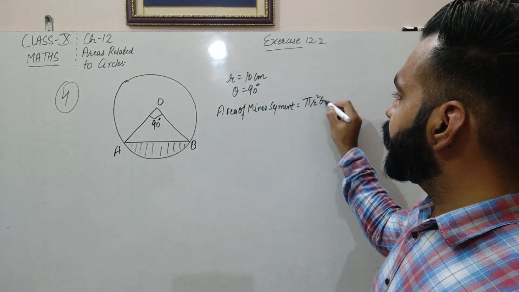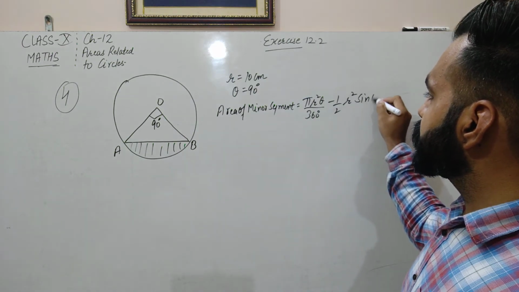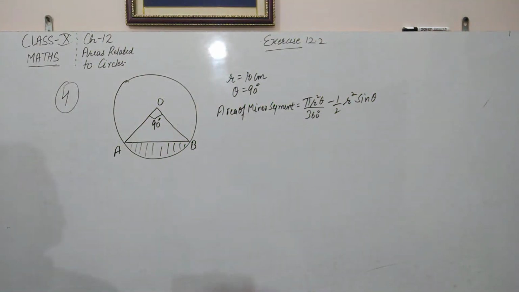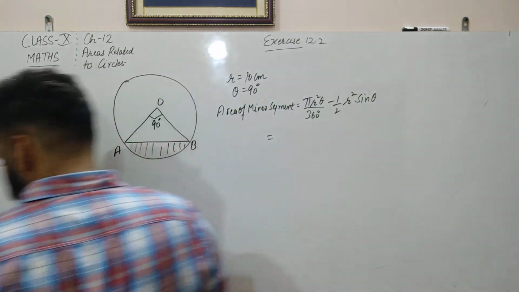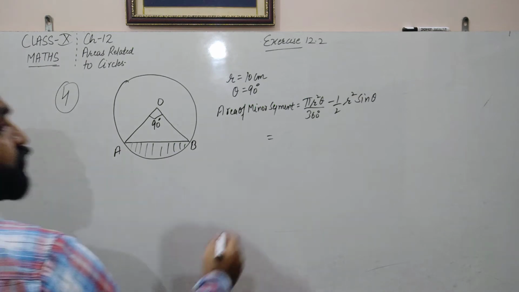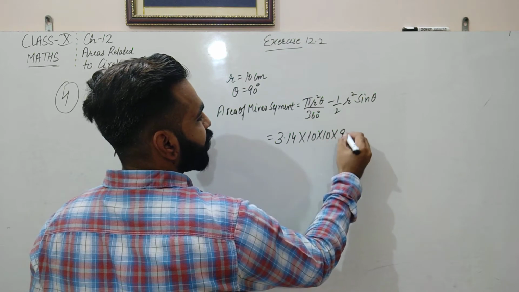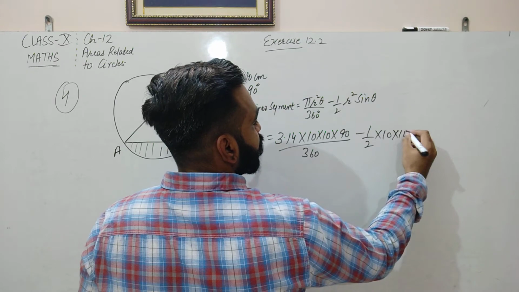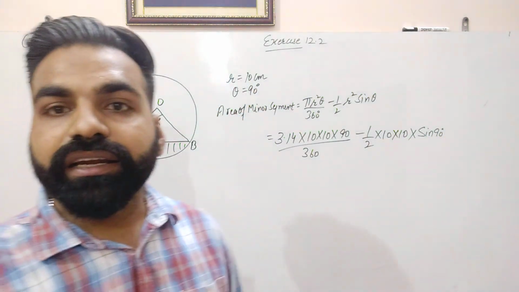Pi r square theta by 360 minus half r square sin theta. So we will put the values here. We have to use pi 3.14 here. 3.14 into 10 into 10 into 90 by 360 minus half 10 into 10 and sin 90. The value of sin 90 is 1.